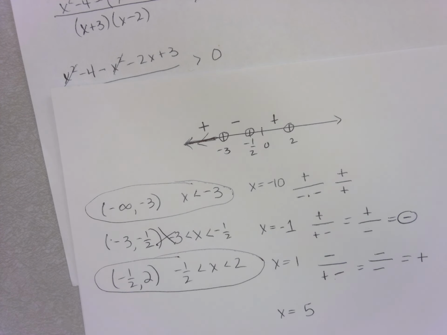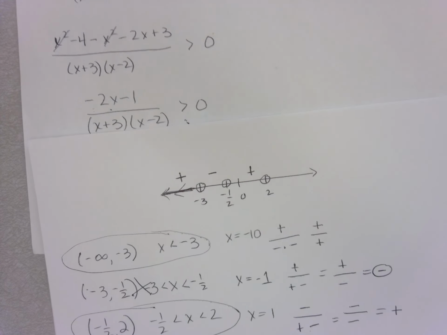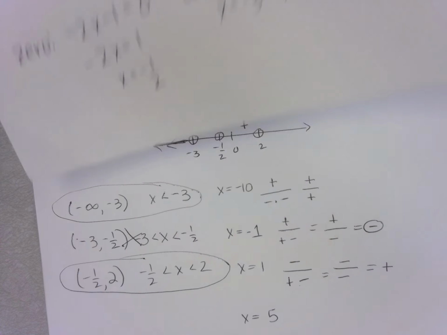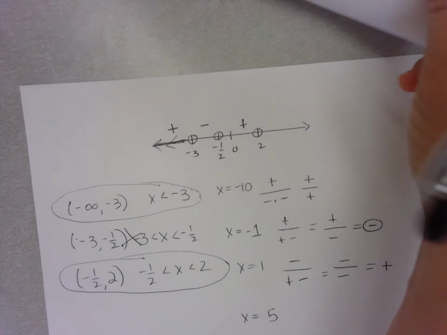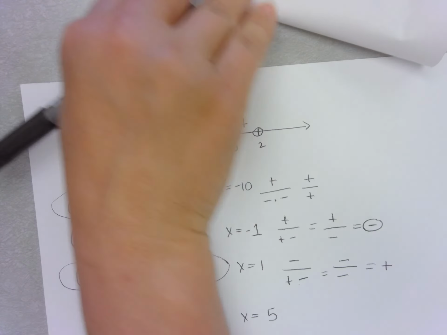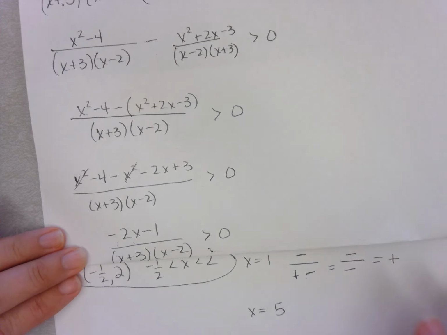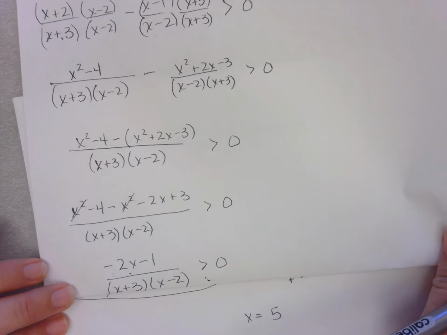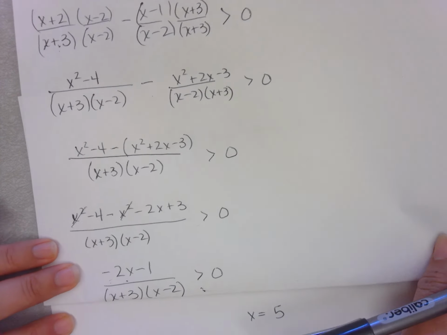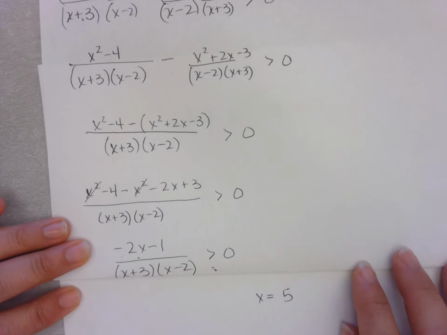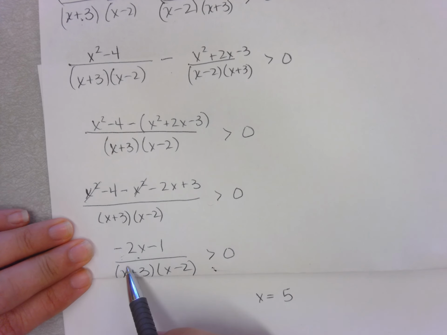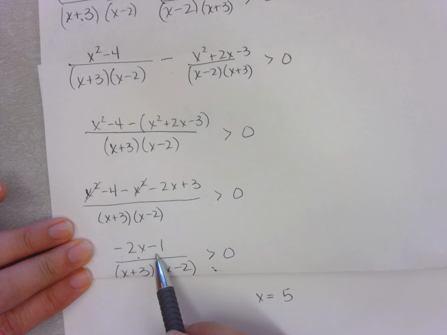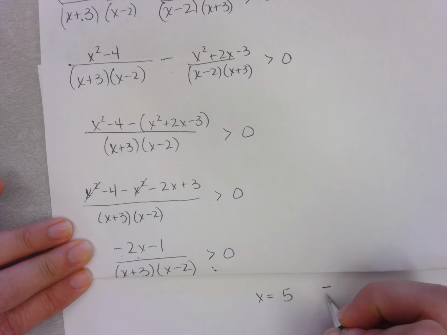I'll just choose 5 for ease. Alright, so our original function was this. Okay, so I'm going to plug in x equals 5 here, and I'm going to get 5 times negative 2, which gives me negative 10, minus 1 more, that's negative on top.